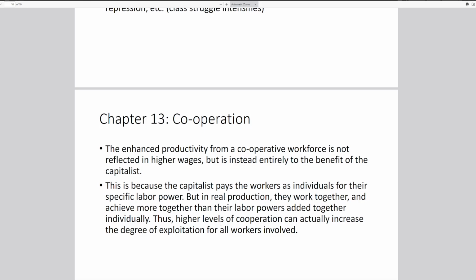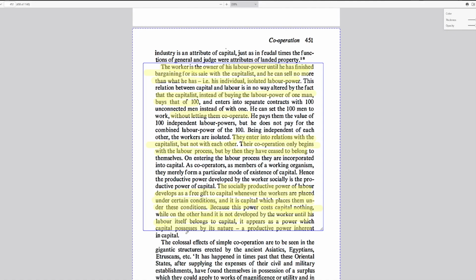Thus, higher levels of cooperation can actually increase the degree of exploitation for all workers involved. And the way Marx puts that is that it appears or it seems like this is something capital does, when in reality it's something that the laborers do.